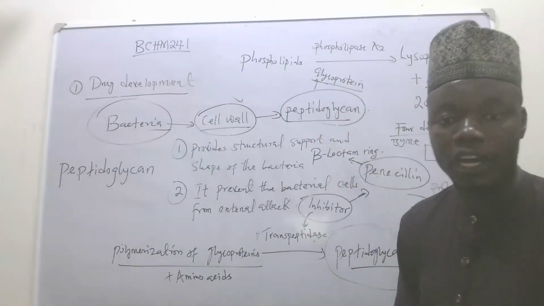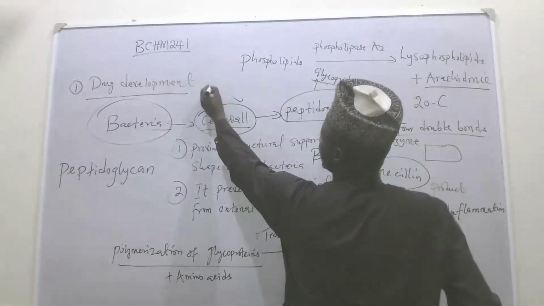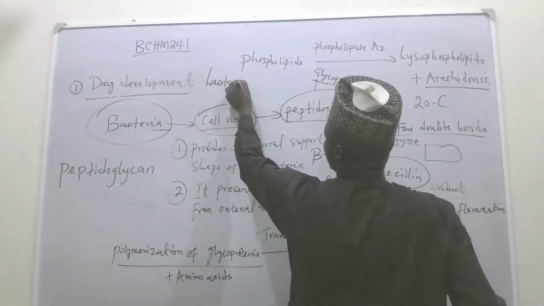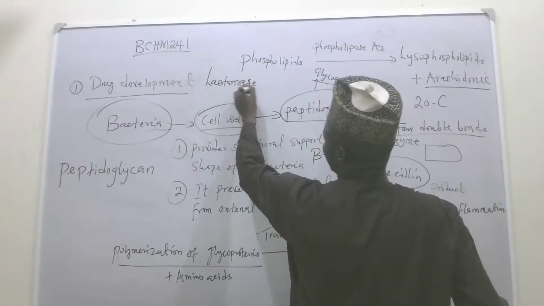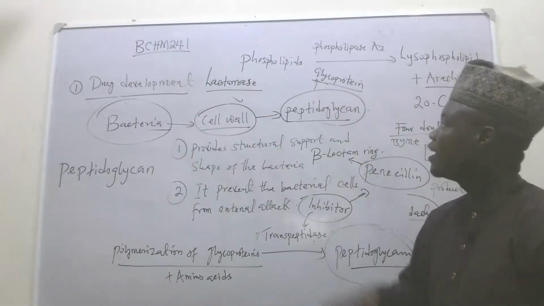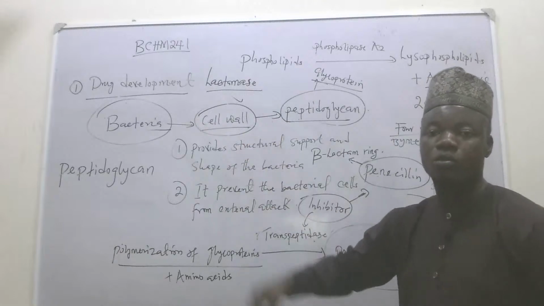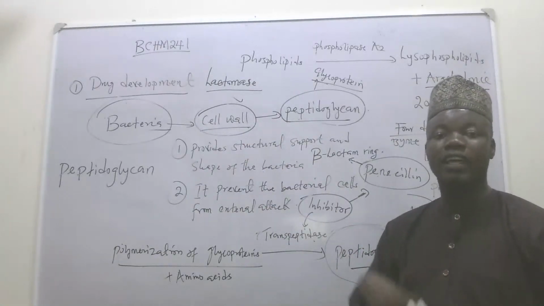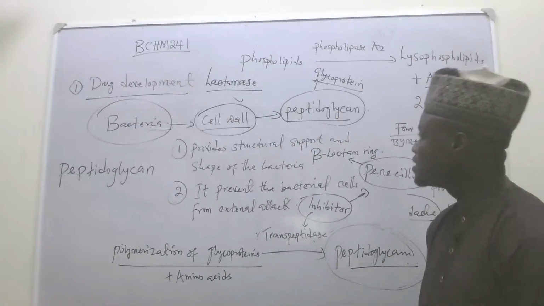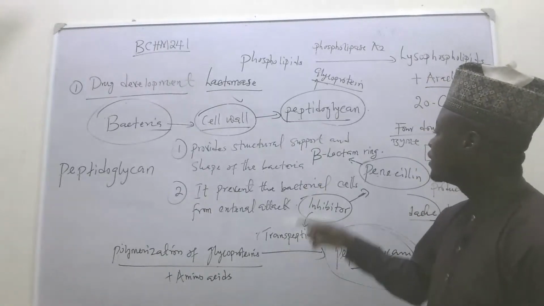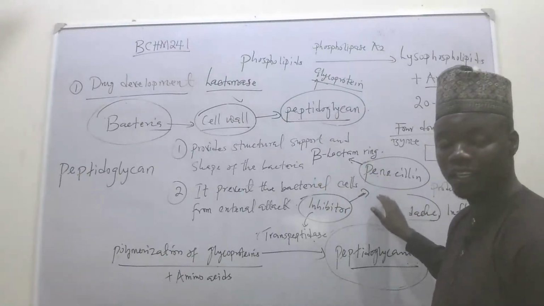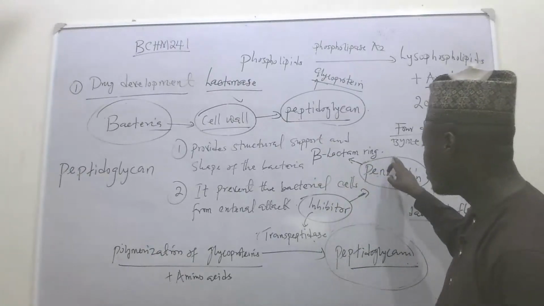The microorganisms will start producing enzymes called lactamase. The name of the enzyme is lactamase. These lactamase enzymes will start degrading, destroying the beta-lactam ring of penicillin.